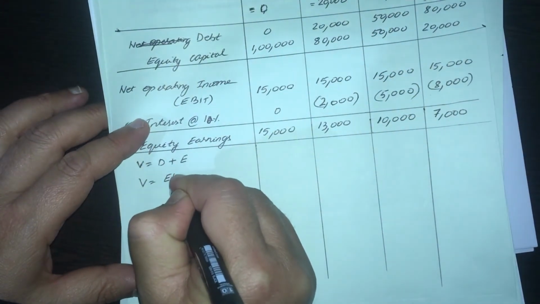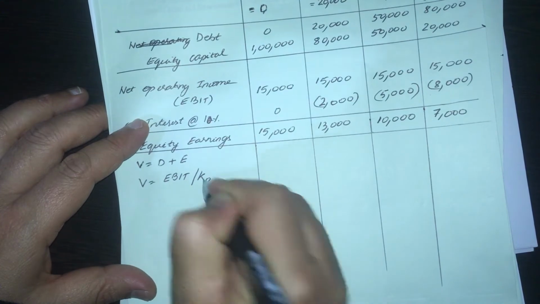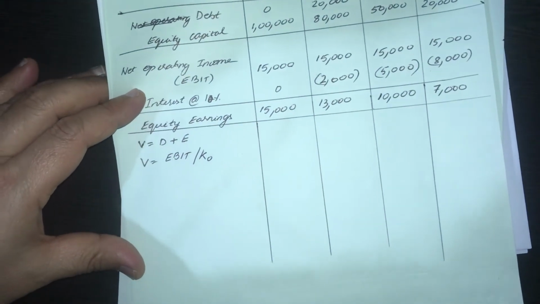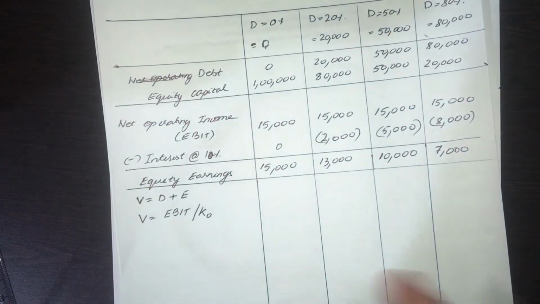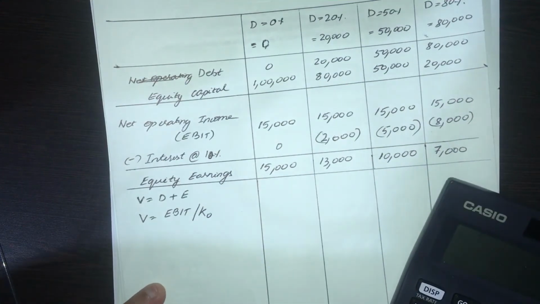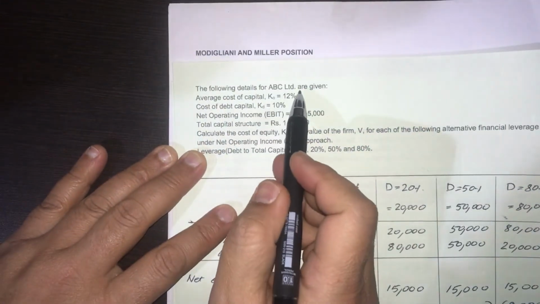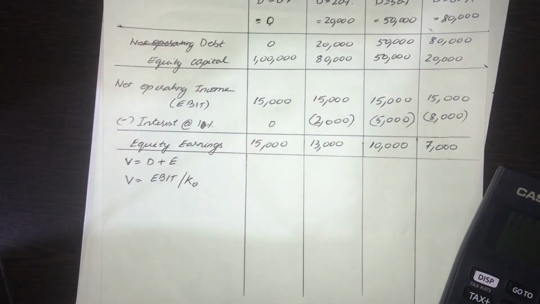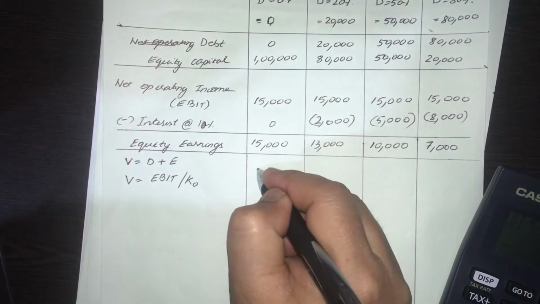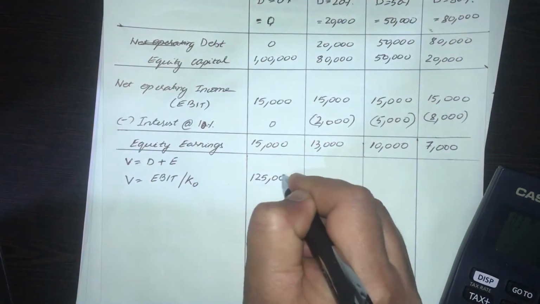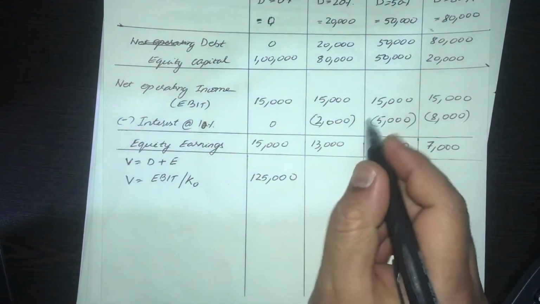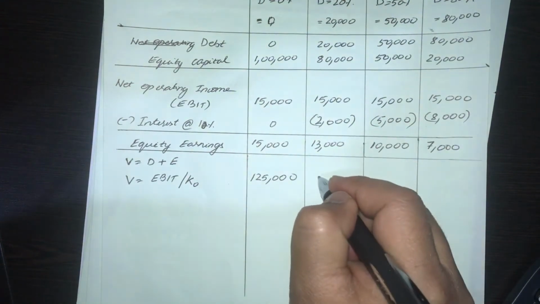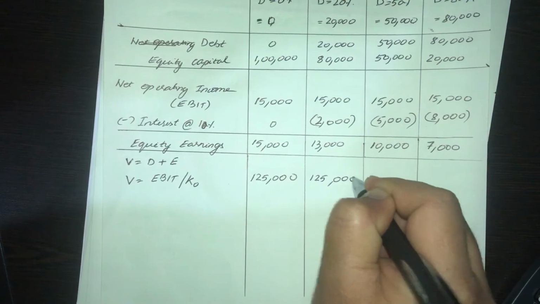Now you already know your EBIT is 15,000. So 15,000 divided by the cost of capital KO, which is given as 12%, divided by 0.12 is 1,25,000. So here V remains the same.